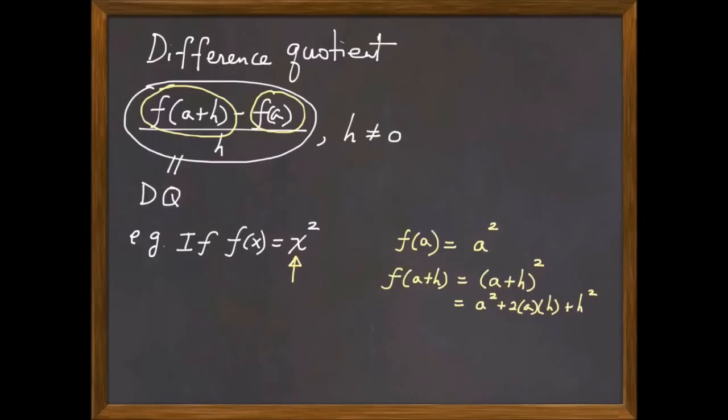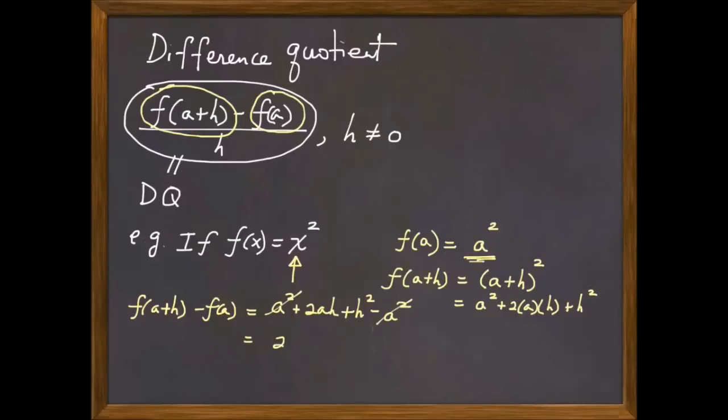Next step in the difference quotient would be to subtract those two things we've just found. So f of a plus h minus f of a is going to be a squared plus 2ah plus h squared minus the a squared there. Now notice that the a squared actually cancels out.